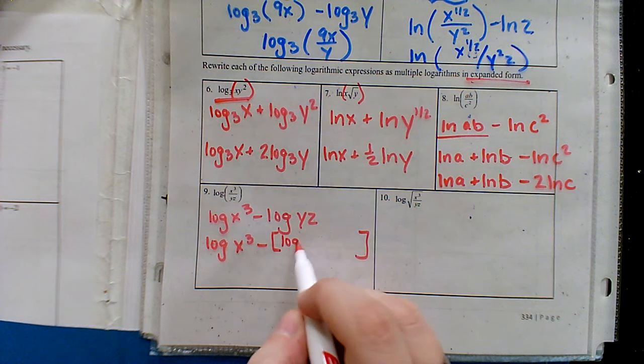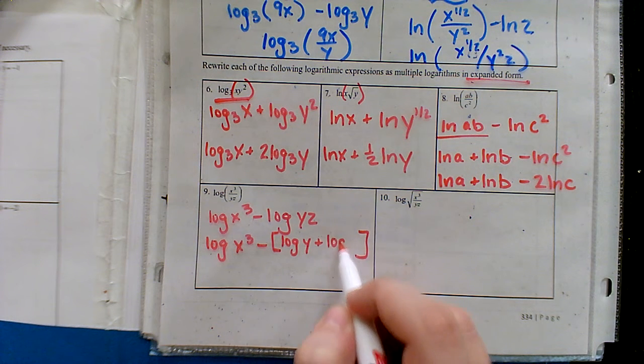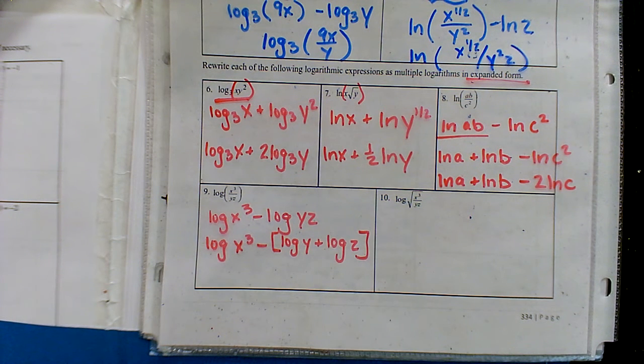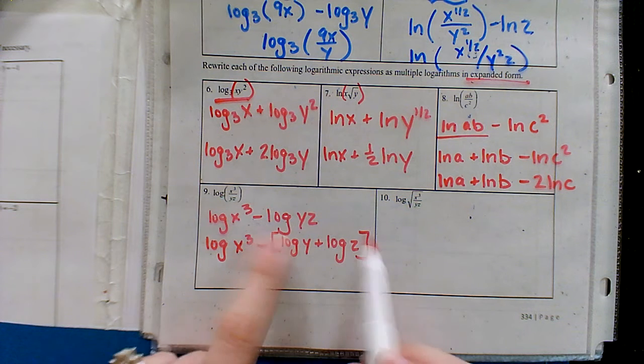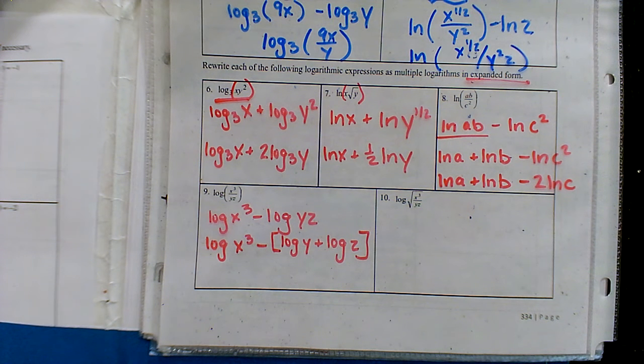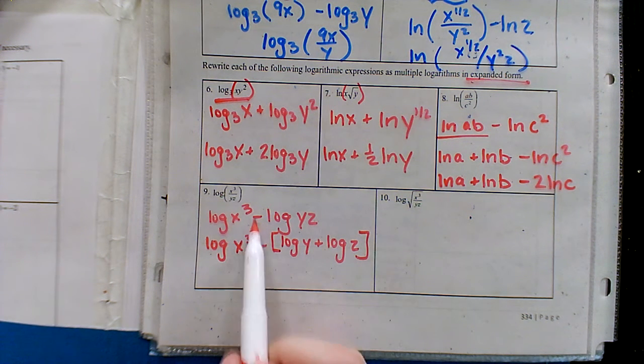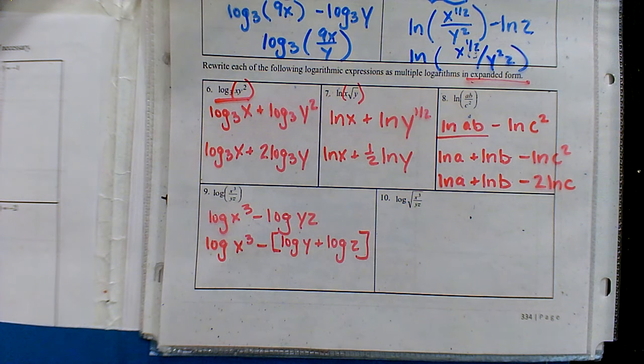And if we expand it as log y plus log z, if you wanted to simplify, you would have to distribute that minus in there. A little tricky. Some of us would forget to put in those brackets or a parenthesis set. Okay, but if you're subtracting a log, however you expand it, all of the expansion should be subtracted as well.